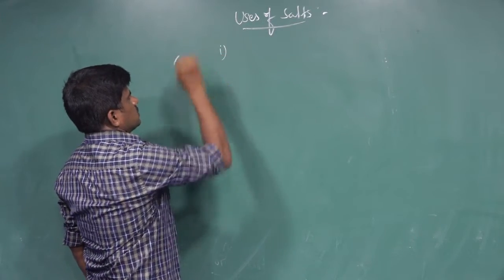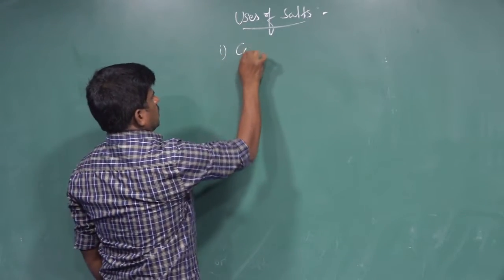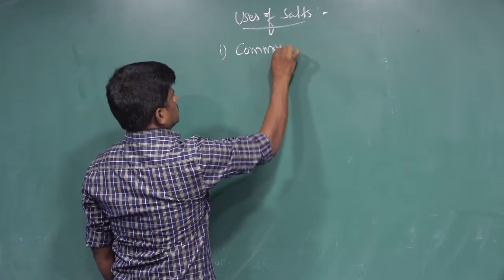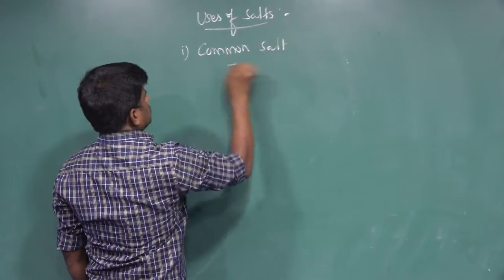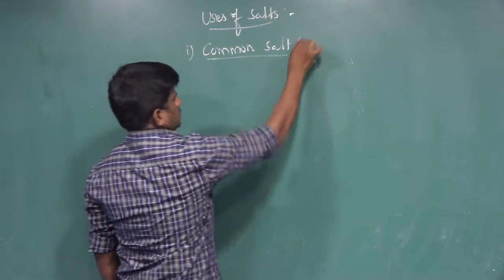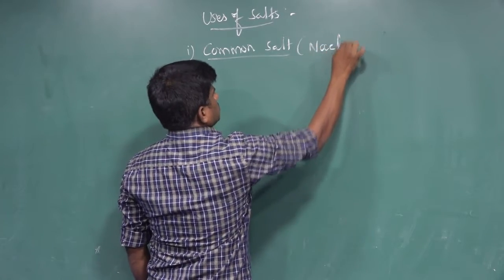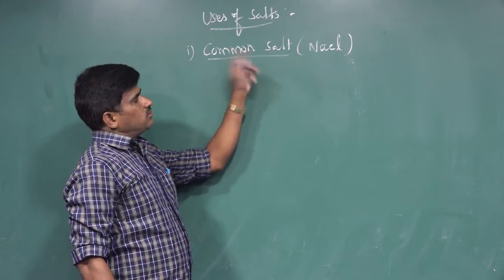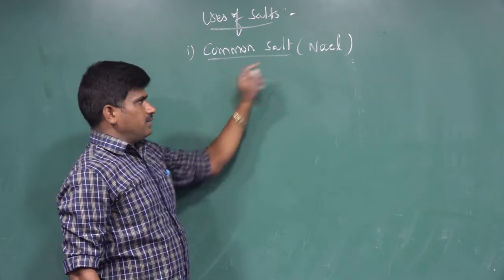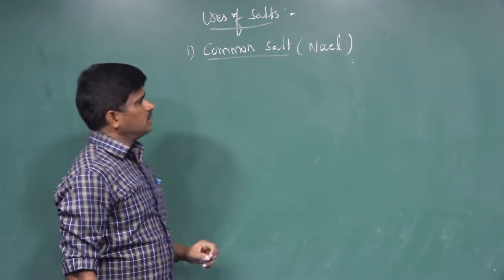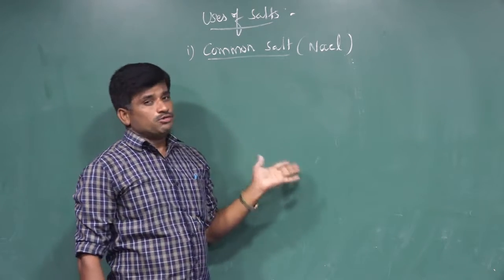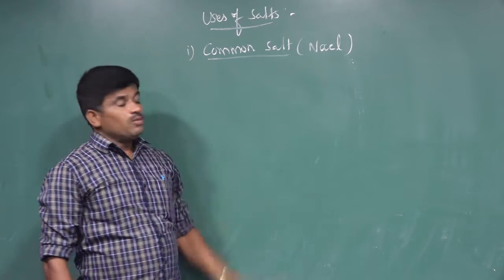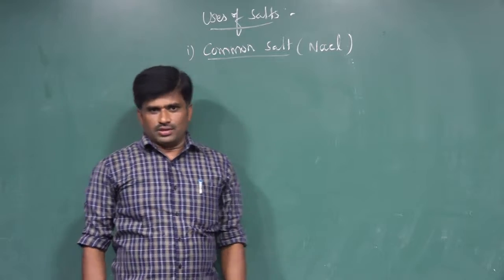The first salt is common salt. What is the example of common salt? Yes, good. Sodium chloride. The common name is common salt, and the chemical name is sodium chloride. You know very clearly the use of sodium chloride. It is used in our daily food.